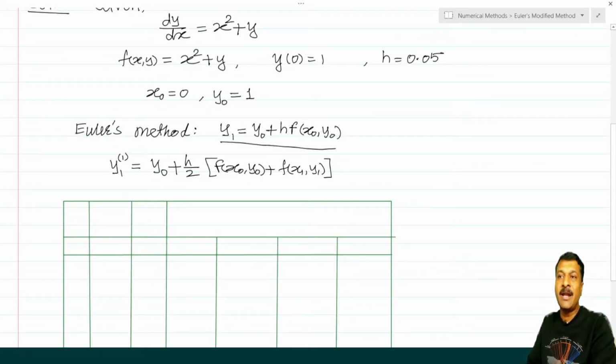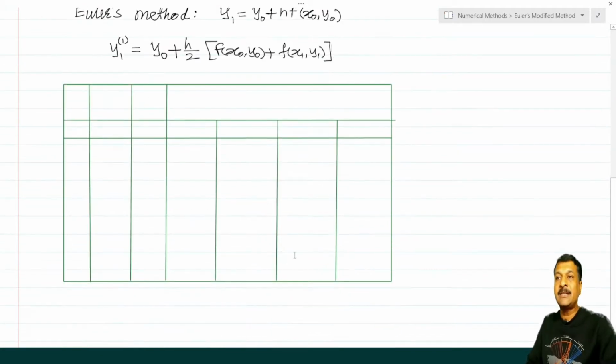So what is this one? It is y0 plus h into f of x0 y0. But here I am taking f of x0 y0 and f of x1 y1, the new value, and the average of that, divided by 2, because h is there and it is 1 by 2, the average value of that. So by using that you can remember it easily.